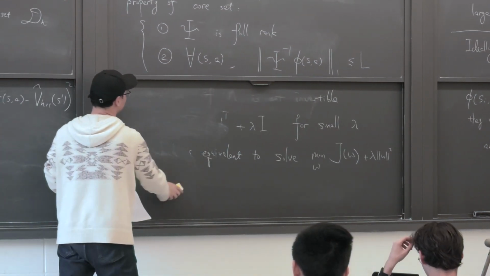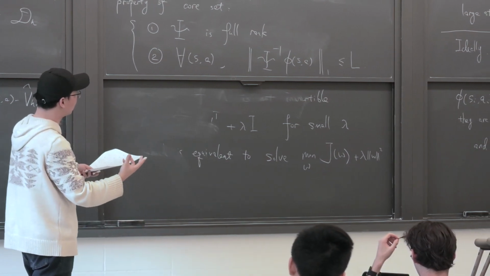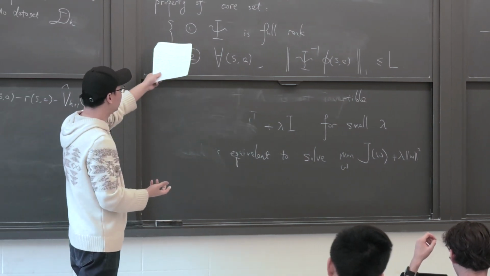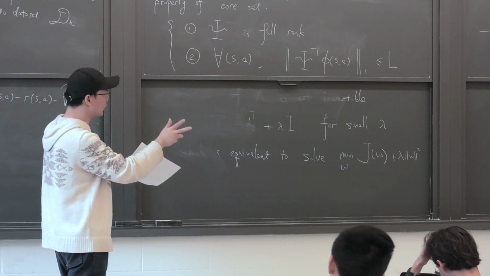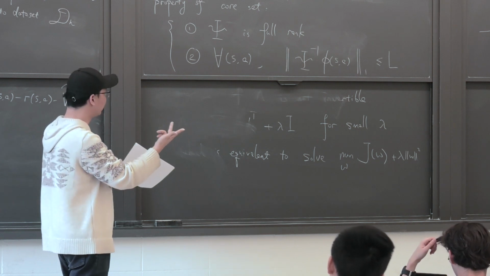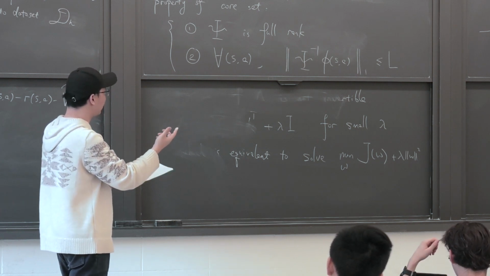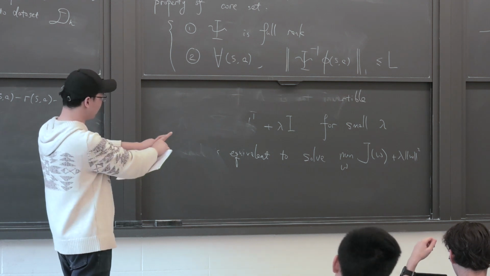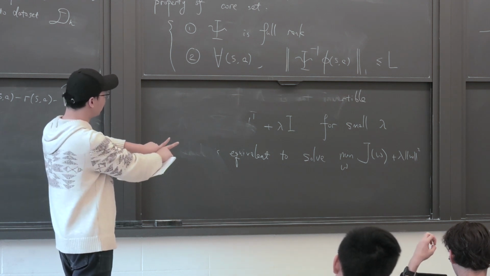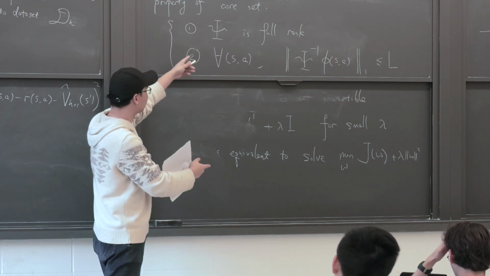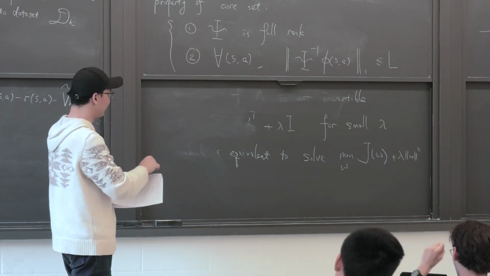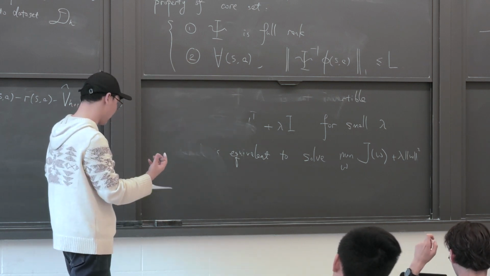You can think of this as a soft version of saying Psi not only needs to be full rank, but also close to orthogonal so that they can represent things very well. If you have two vectors extremely close to each other, then representation using Psi as a basis is very bad in the sense that the coefficients can be very large.